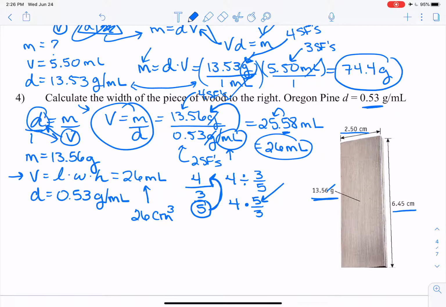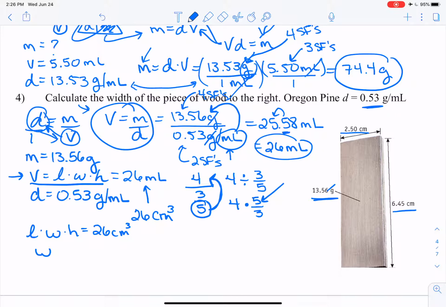Yay, we're not to centimeters yet, but we're at centimeters cubed, and this is fabulous, okay? So our volume is length times width times height. So we have length times width times height is equal to 26 centimeters cubed.